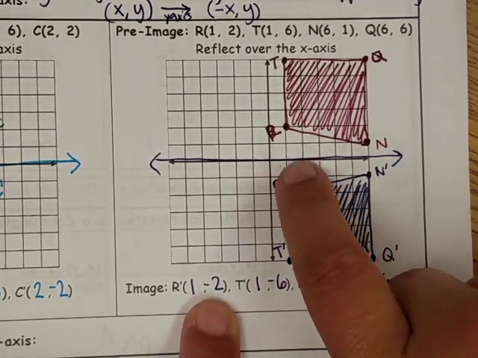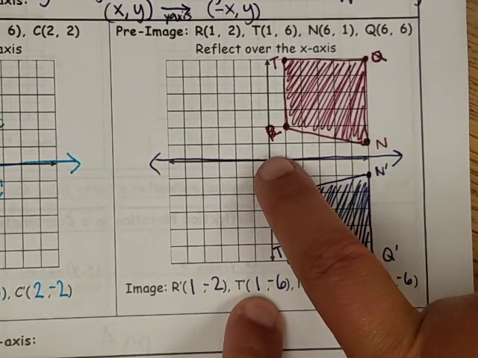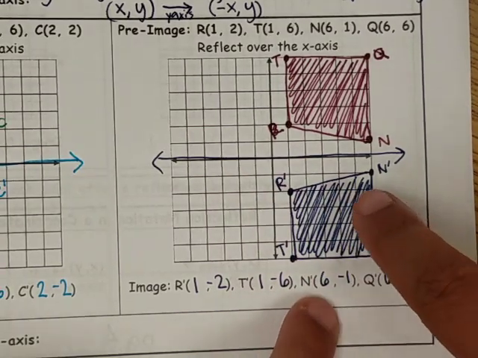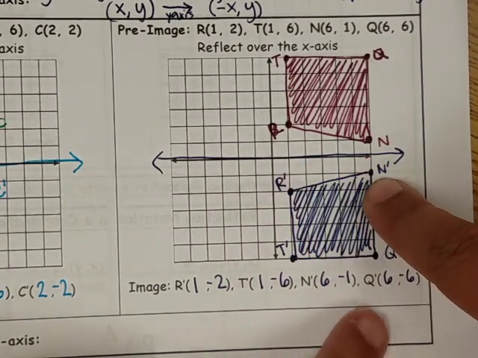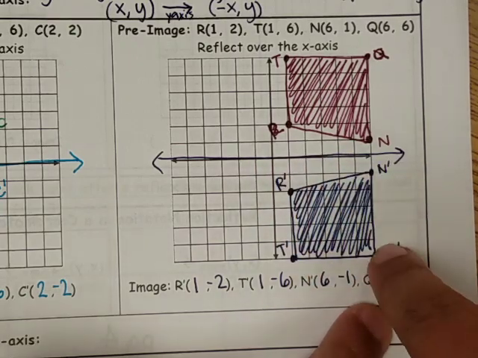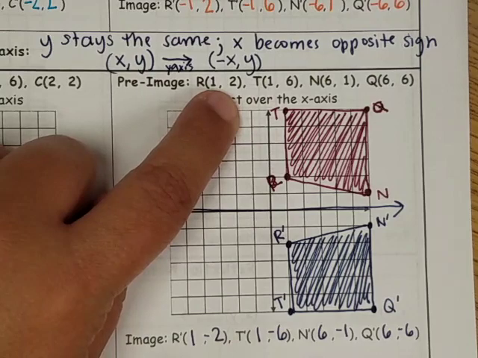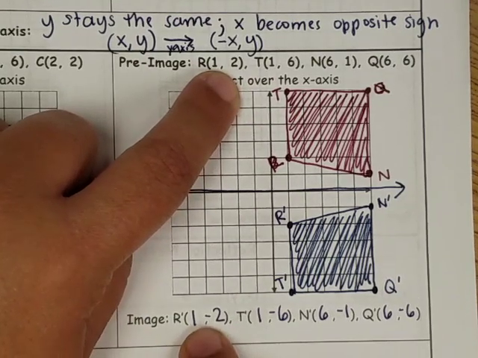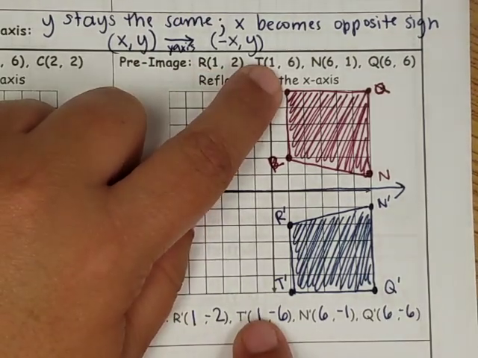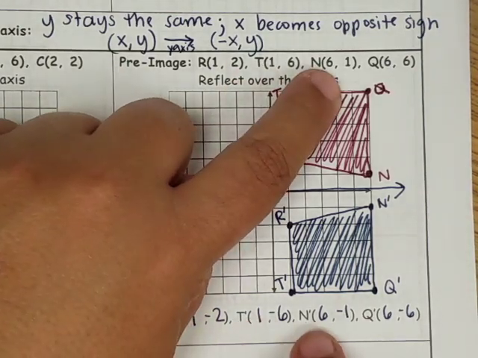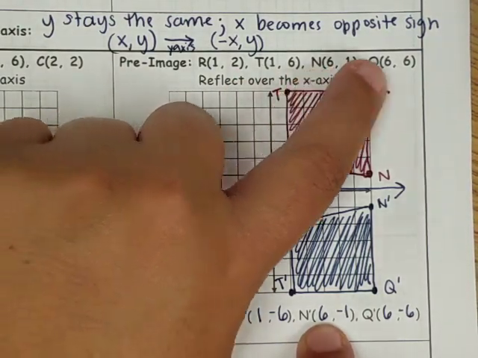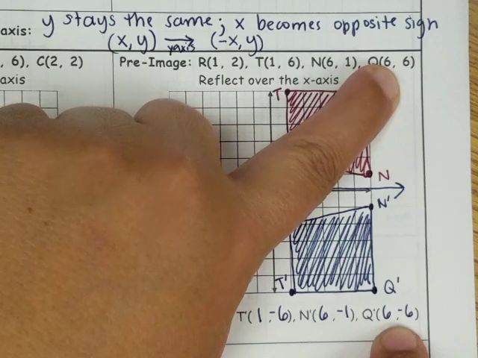So R was at 1, negative 2, T was at 1, negative 6, N was at 6, negative 1, and Q was at 6, negative 6. If I look back at what my original points were, 1, 2 became 1, negative 2. 1, 6 became 1, negative 6. 6, 1 became 6, negative 1. And 6, 6 became 6, negative 6.